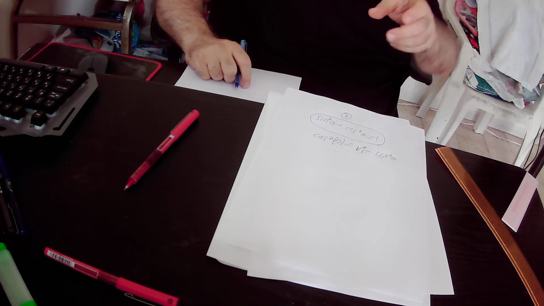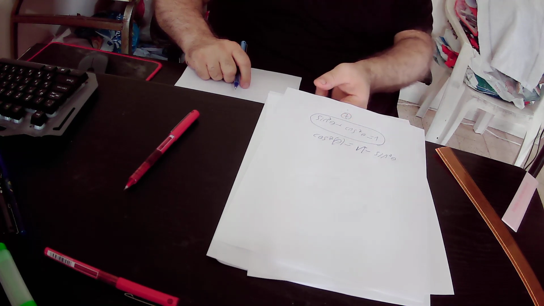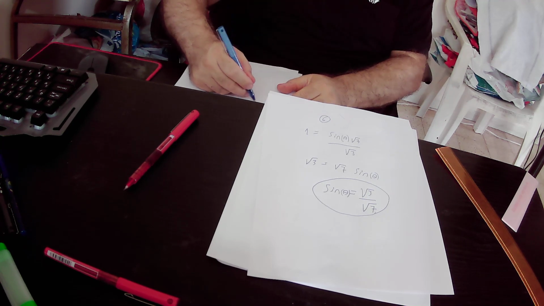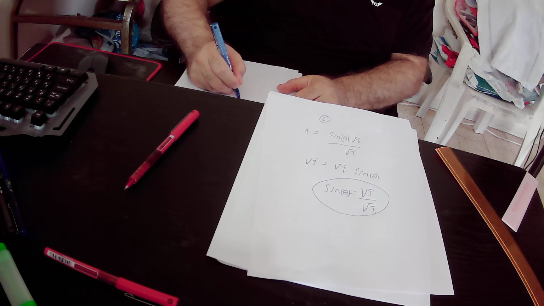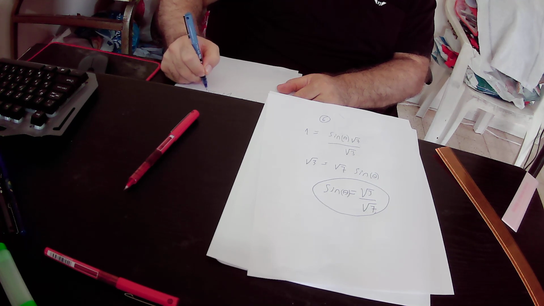Now we will take a root out of this equality, and we'll get the value of cosine theta. So cosine theta equals the root of 1 minus sine theta squared.